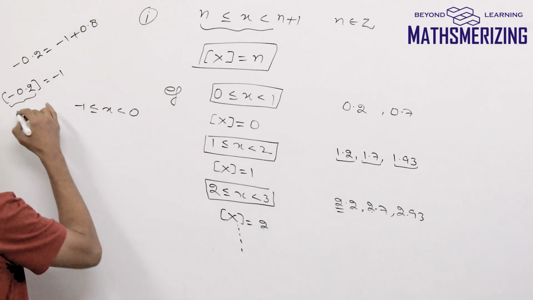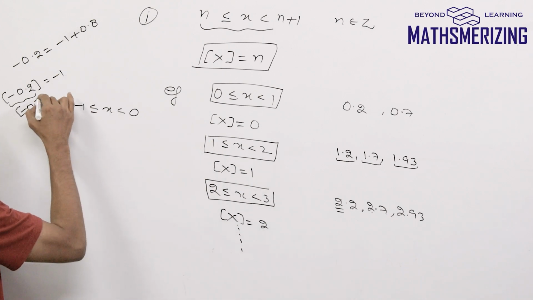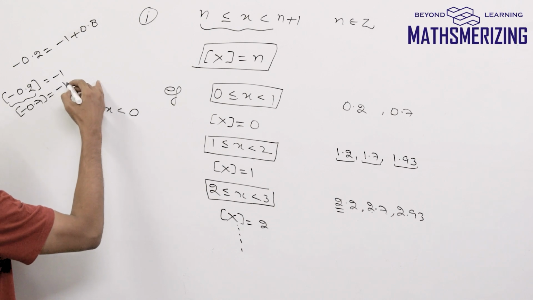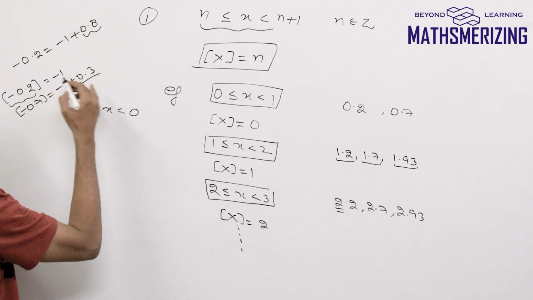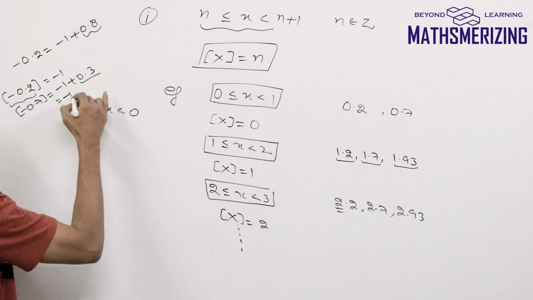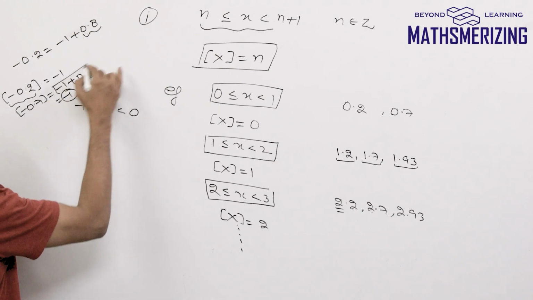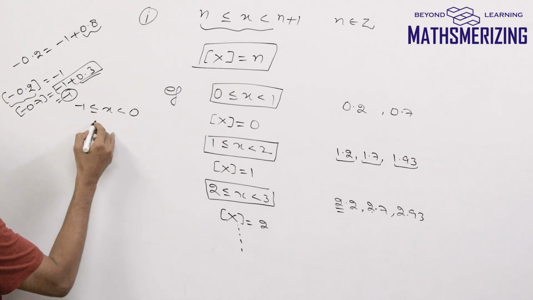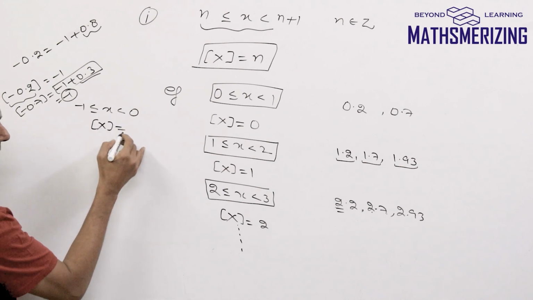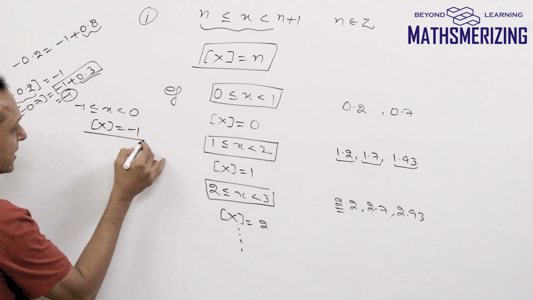In the same way, greatest integral function of -0.7. So this is -1 plus 0.3. Remember, fractional part has to be positive. So in this case also, its greatest integral function will be -1. So any number x that lies between -1 and 0, its greatest integral function of x will be -1.